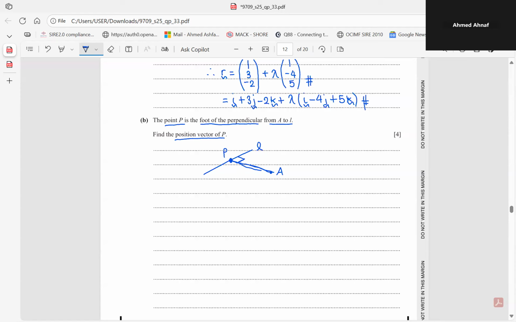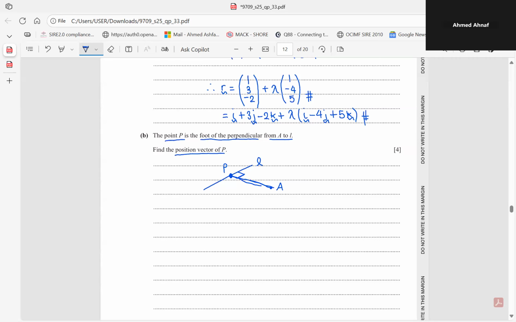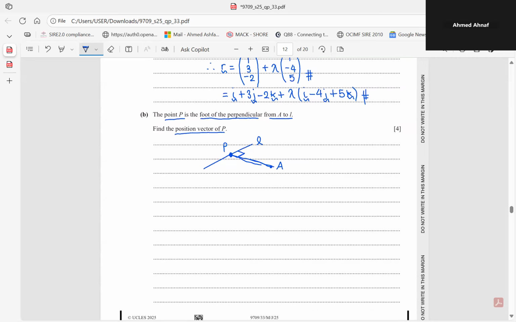All right, so first of all, let's find the coordinates of P using our vector equation. So OP would just be equal to (1, 3, minus 2) plus lambda (1, minus 4, 5).